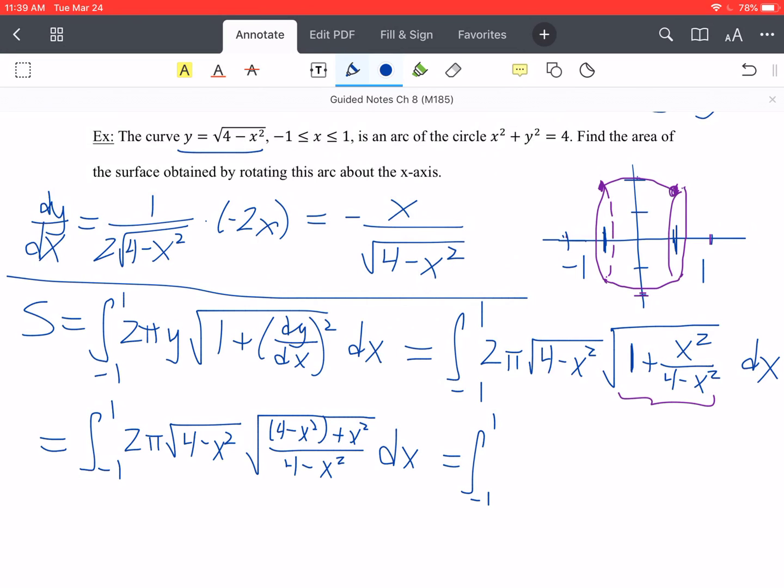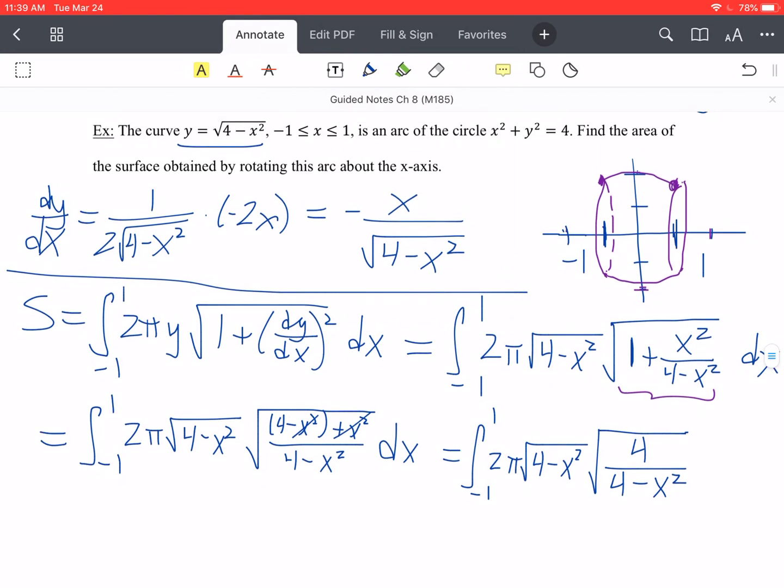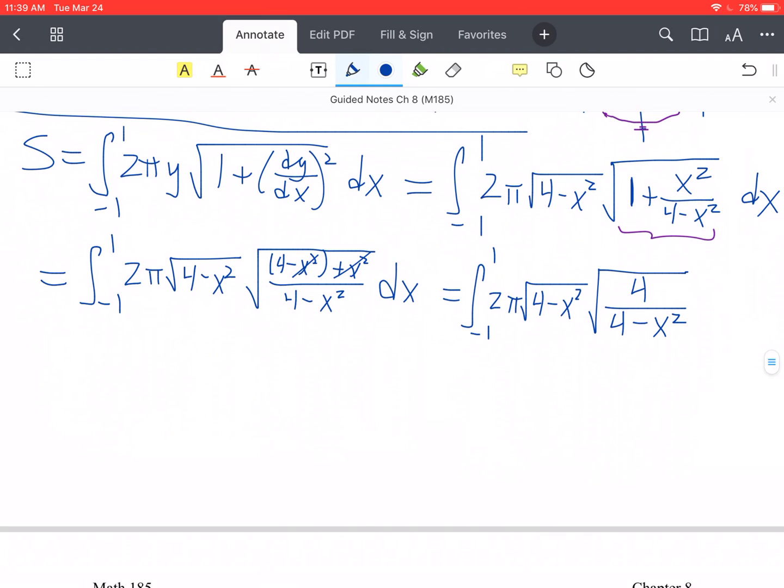So combine, so 2 pi square root 4 minus x squared. The numerator, minus x squared plus x squared, so we're just left with 4 over 4 minus x squared. So if we take the square root of the numerator, let me get that 2 pi out of there. Oh, and this is dx, by the way.